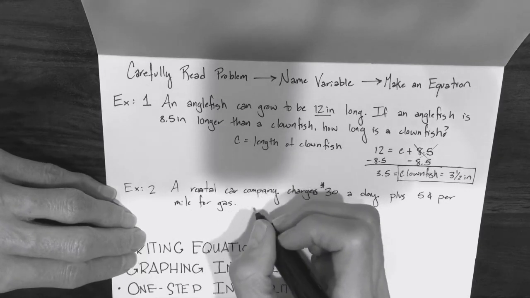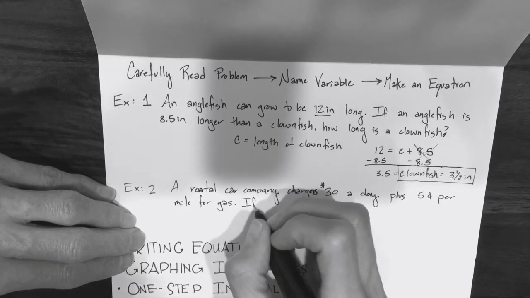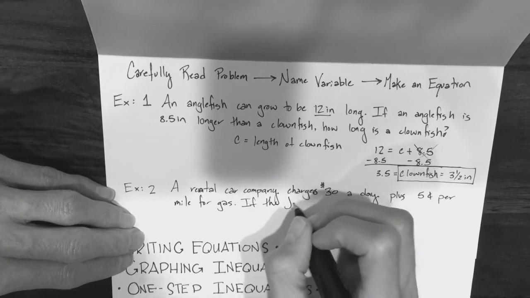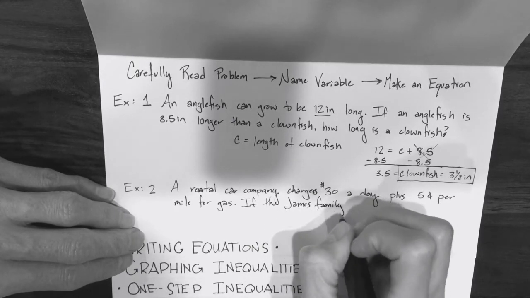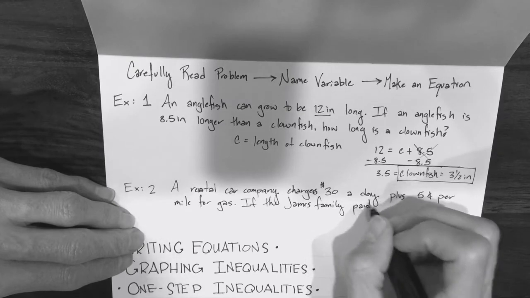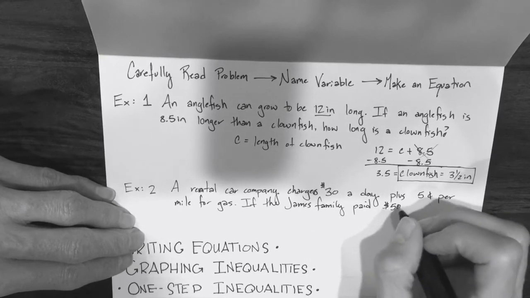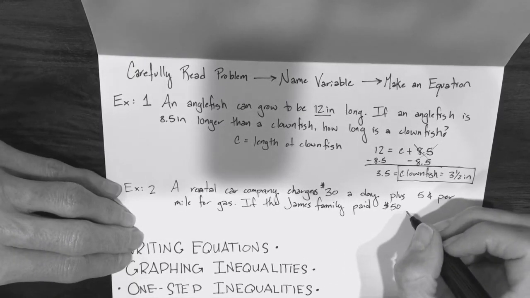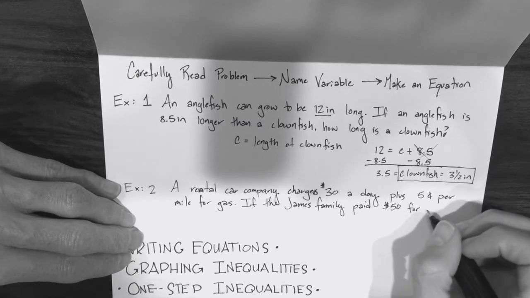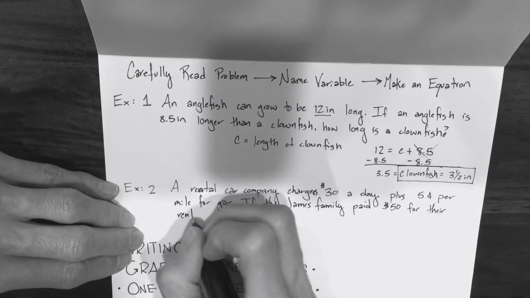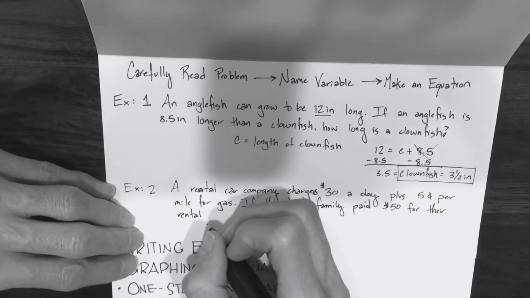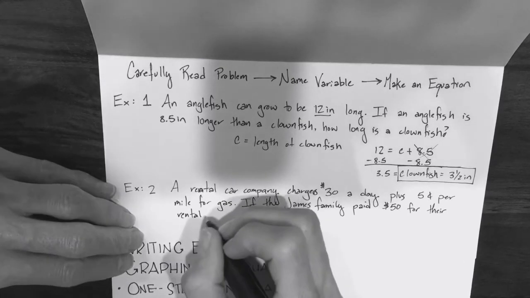If the James family paid $50 for their rental, how many miles did they drive?